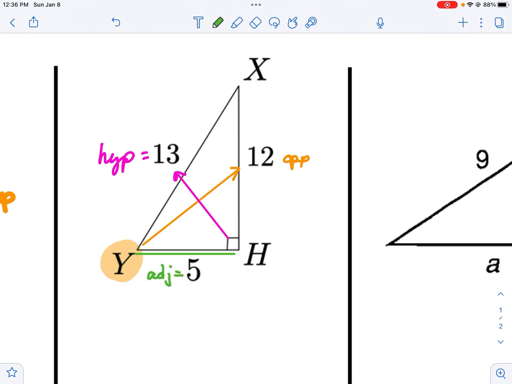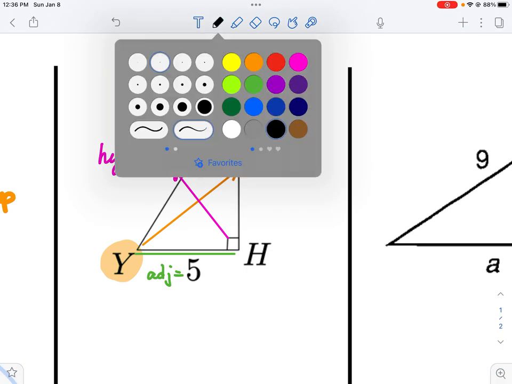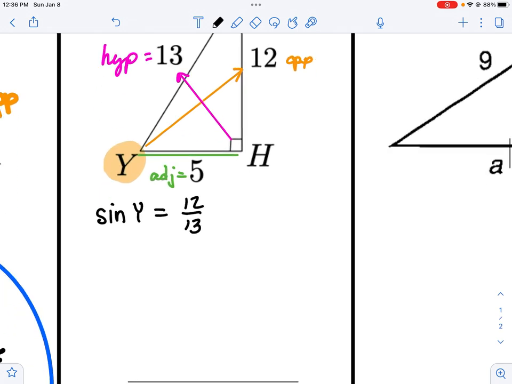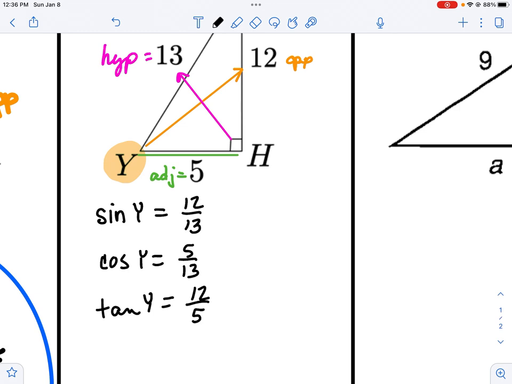And then I am going to find sine of y. So sine of y is the opposite over the hypotenuse. Cosine of y is the adjacent over the hypotenuse. And tangent of y is the opposite over the adjacent.